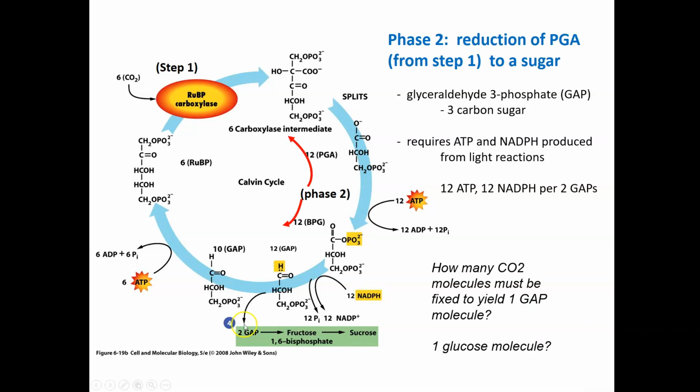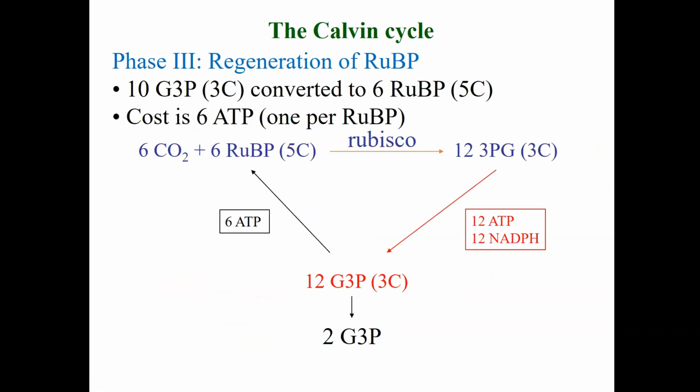And in order to make 1 glucose molecule, 1 6-carbon molecule, it makes sense that we're going to require 2 of these glyceraldehyde 3-phosphates to come together, 2 3-carbon molecules, to make a 6-carbon molecule. So if we are pulling out 2 of these 3-carbon molecules here, that's going to leave us with 10 glyceraldehyde 3-phosphates to be recycled back in order to form our starting material, the ribulose bisphosphate.